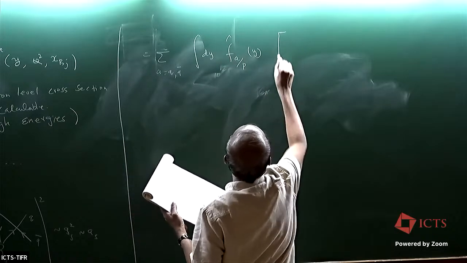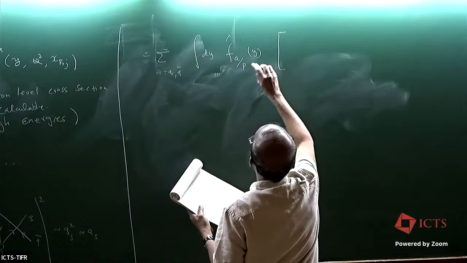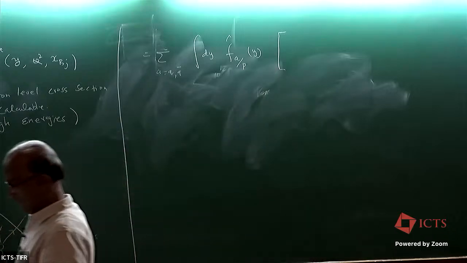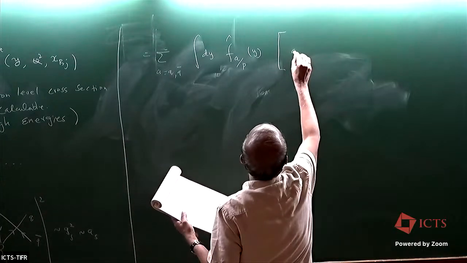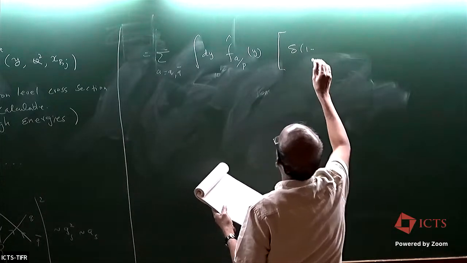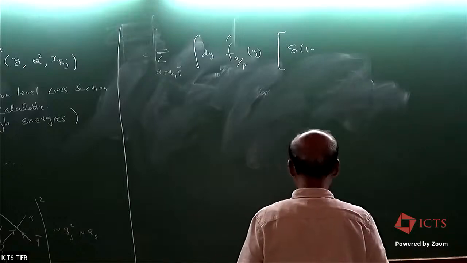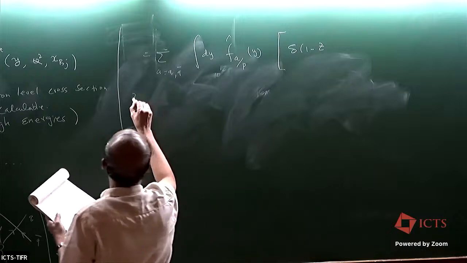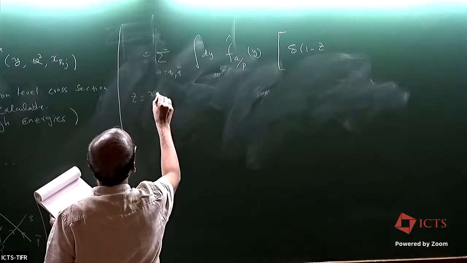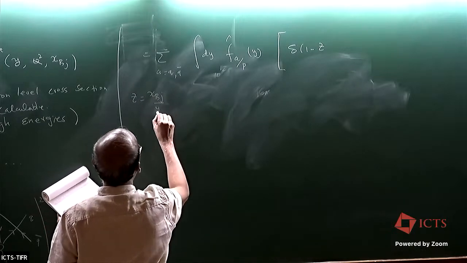This will be multiplied by contributions coming from there. The leading order contribution, if you work out, will be simply proportional to 1 minus z, where I'll write down what z is equal to. This is x_Bj by y or whatever.